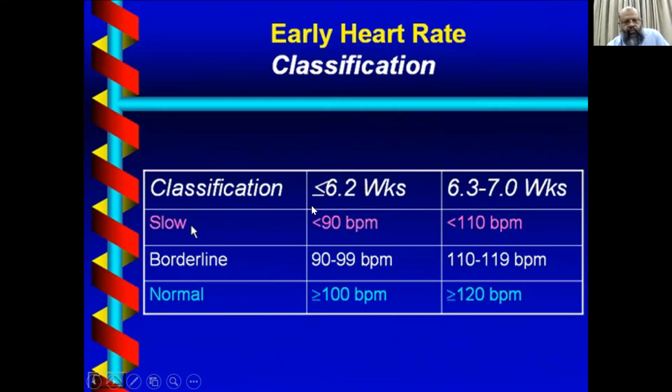Borderline is 90 to 99 till 6.2 weeks, and 110 to 119 here. Normal is up to 100 beats per minute, which is the minimum, and 120 beats per minute at 6.3 to 7 weeks.